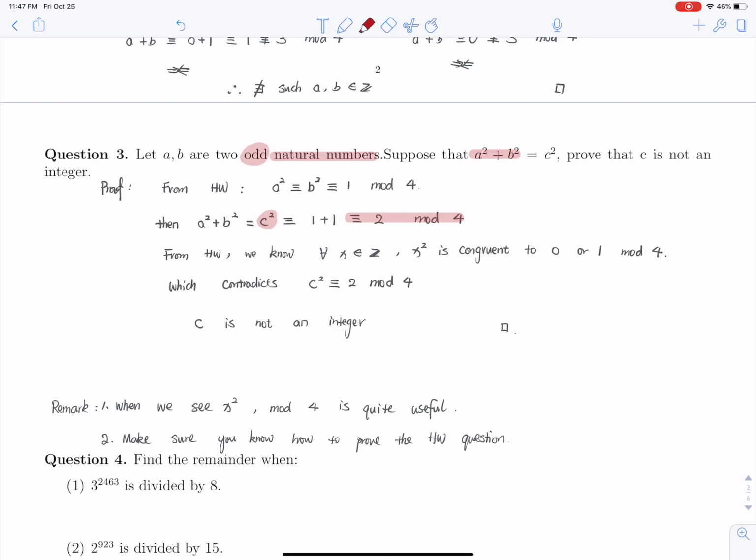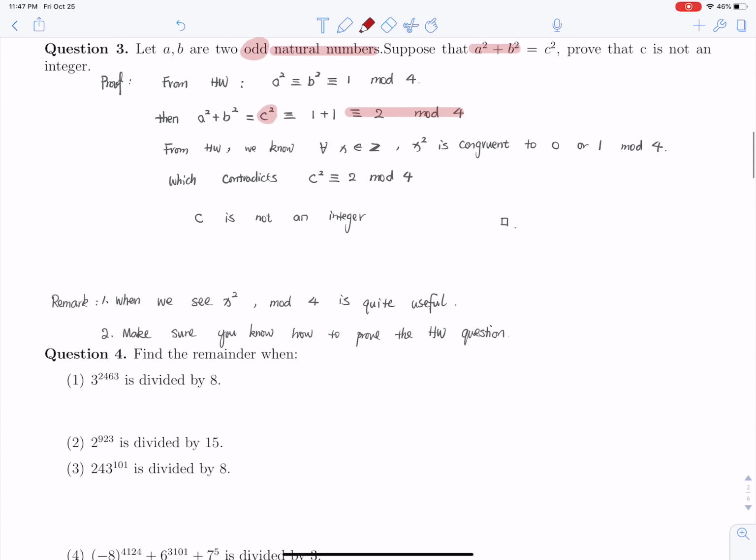But from homework, we know that for all integers, let's pick an arbitrary element x in Z, x squared has to be congruent to 0 or 1, not 2. Since we know that c squared is congruent to 2 in mod 4, c cannot be an integer.